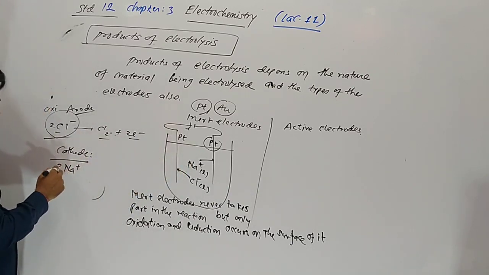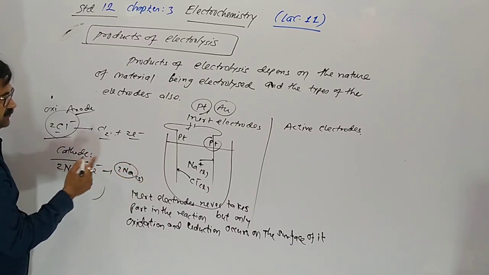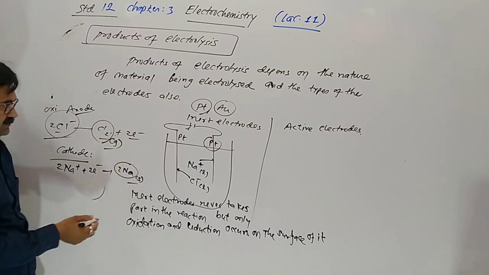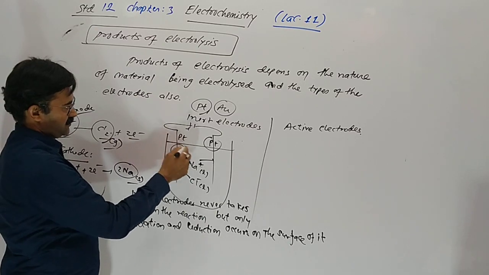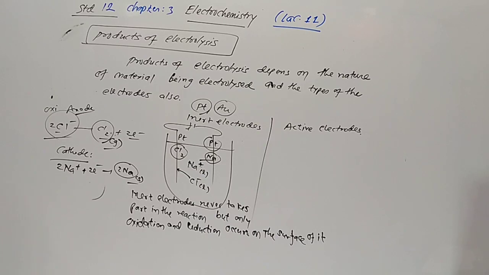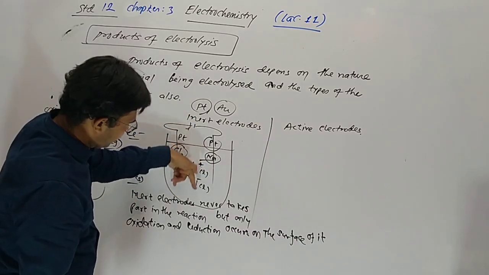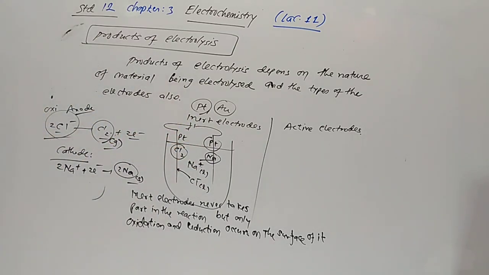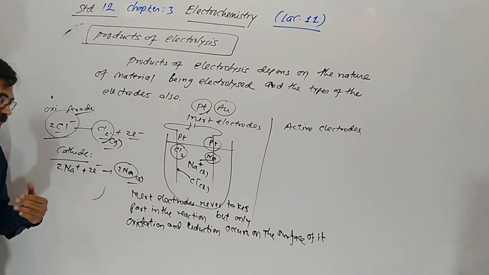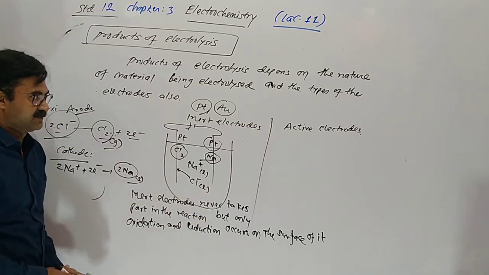On the cathode, 2Na+ gets 2 electrons and gives 2 mole of sodium. Sodium is solid, chlorine is gas. So chlorine gas forms on the anode and sodium on the cathode. In the case of an inert electrode in the electrolytic solution, like platinum or aurum, the plate itself does not take part in the reaction, but oxidation and reduction occur on its surface.